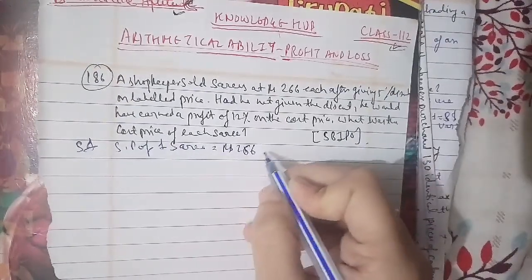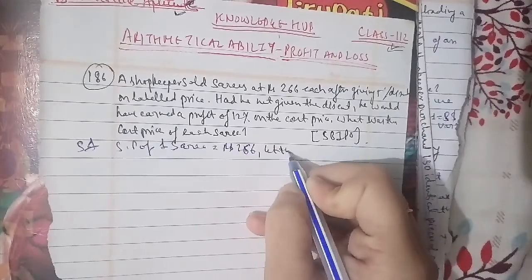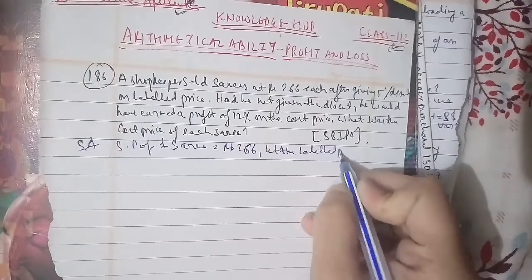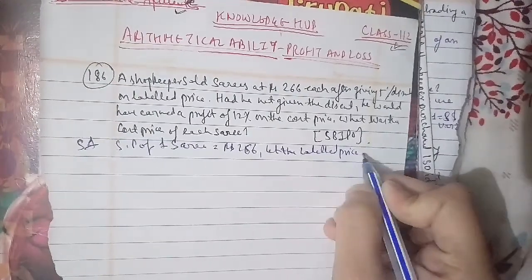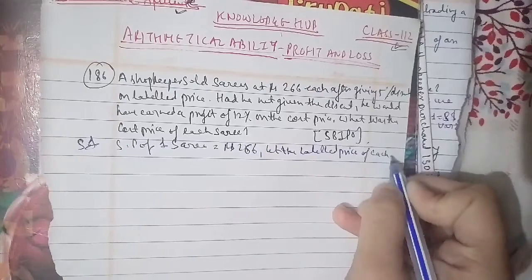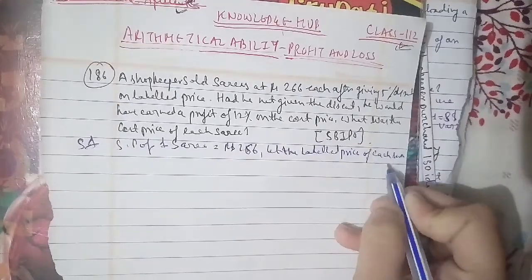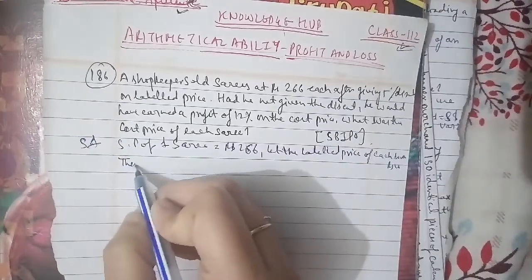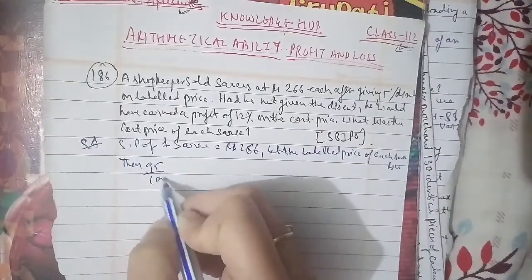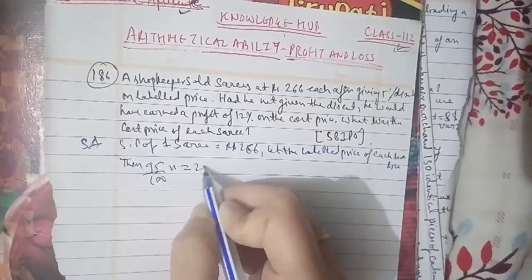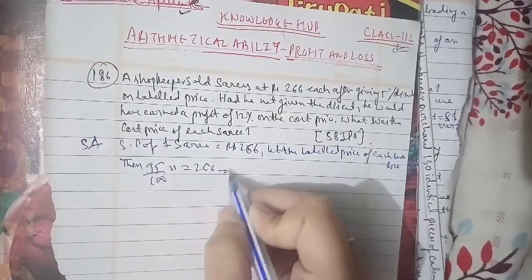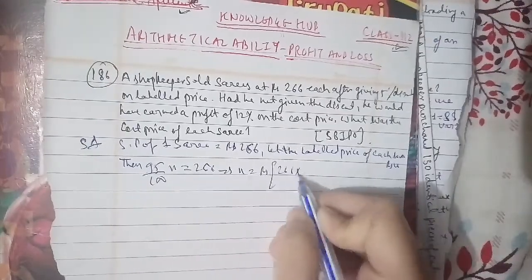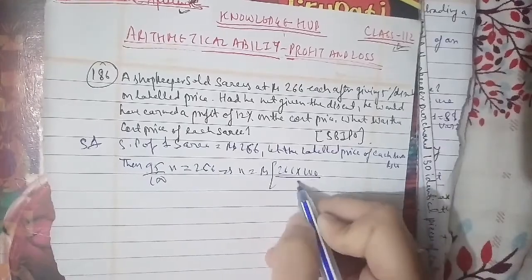Let the labeled price of each saree be rupees X, then 95 upon 100 X equals 266, X equals rupees 266 into 100 upon 95.